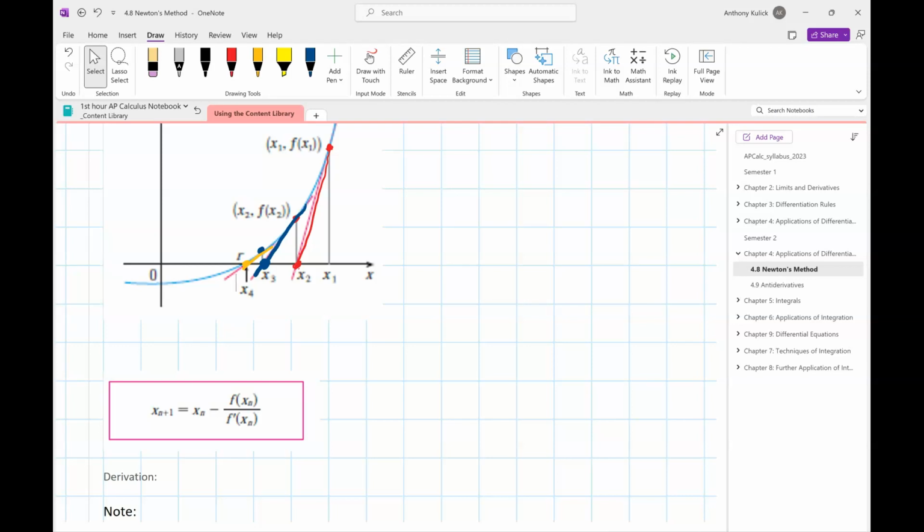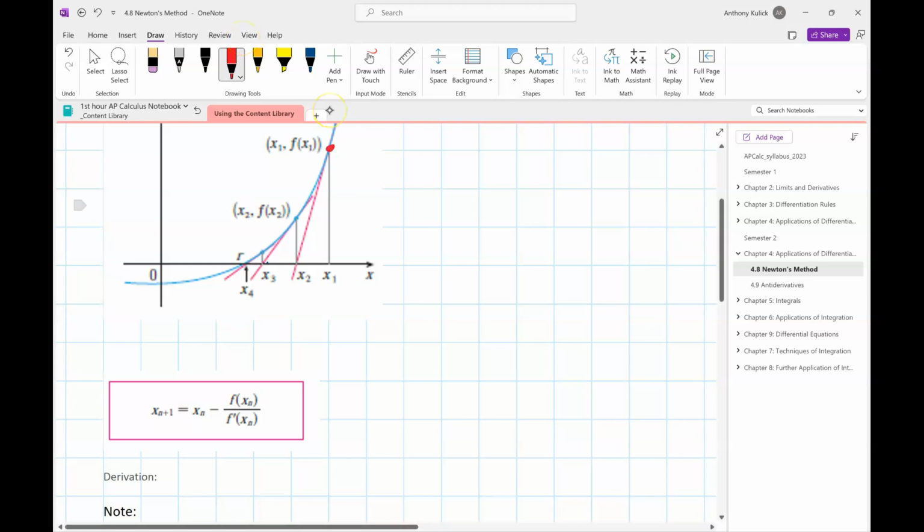So to show you where this formula comes from, let's take a look at starting here. Let's say we pick the point x1 comma f of x1. So that's our first point. And what we're looking to do is find this next value, x2.